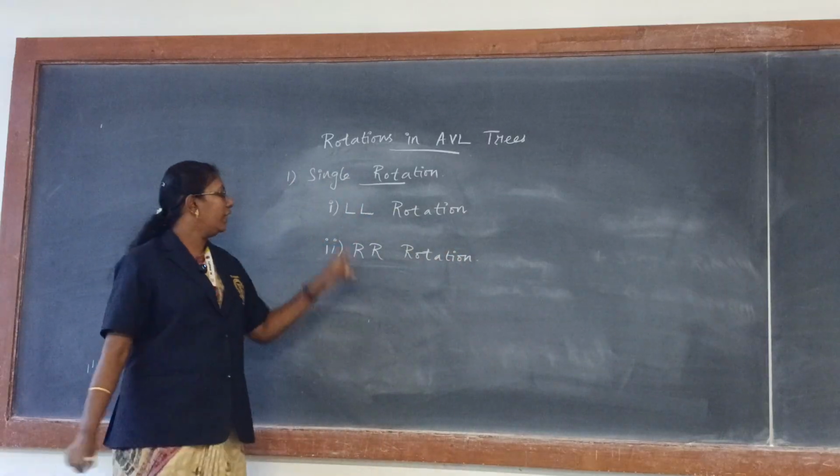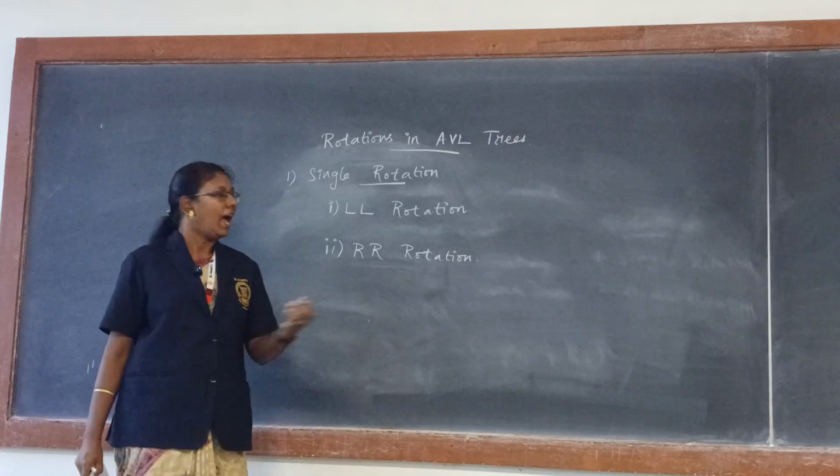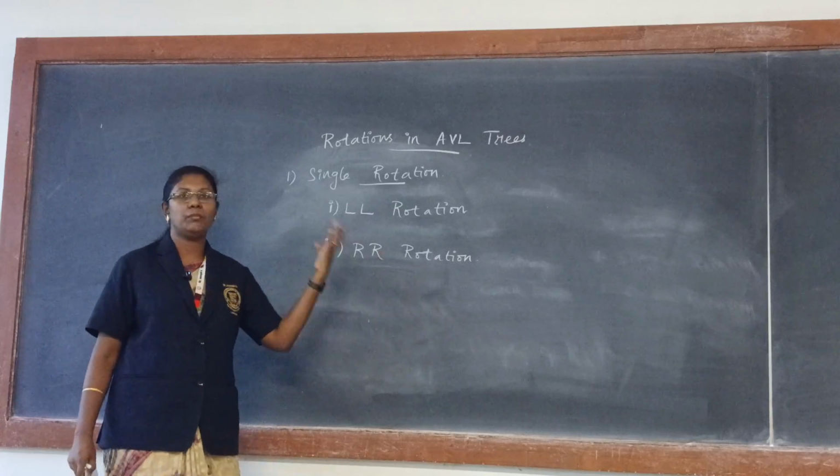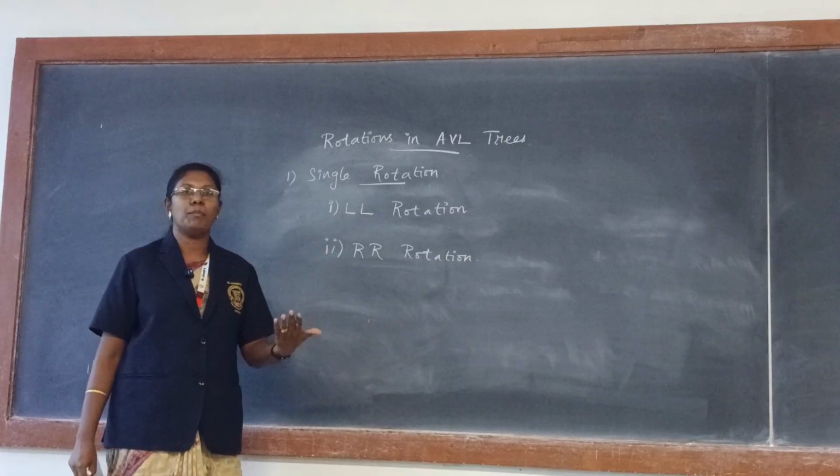In LL rotation, we perform only left rotation, and in RR rotation, we perform only right rotation on the nodes to make that tree a balanced one.